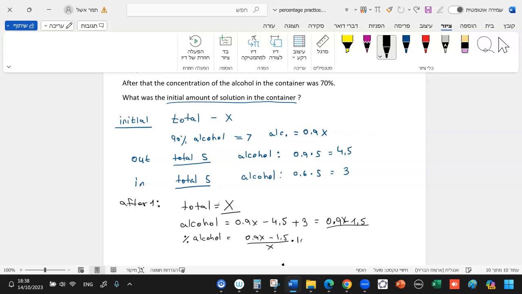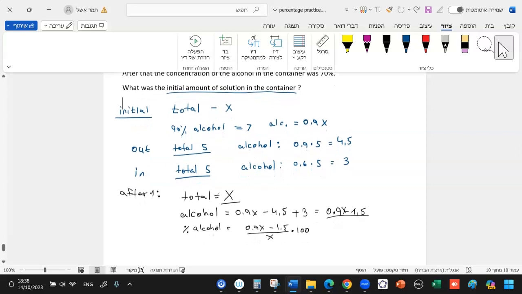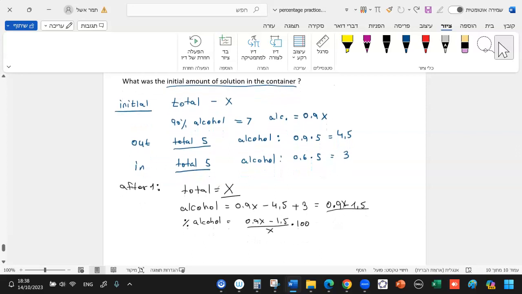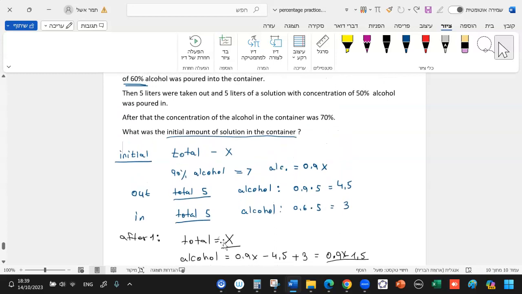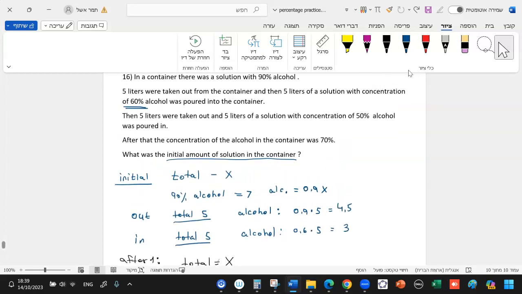We could take times 100 to make it a number of percent, but later on we will divide by 100. Okay, this situation after the first step is actually the initial situation before the second step. Let's see what happened in the second step. This is step 1 and this is step 2.